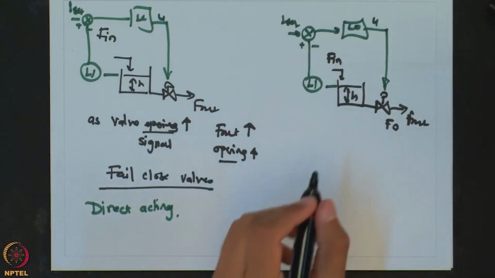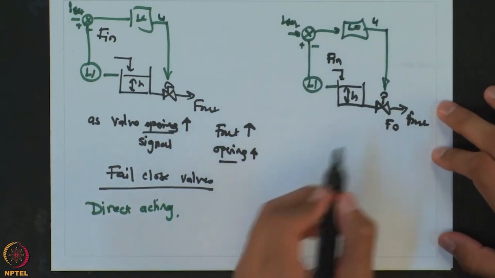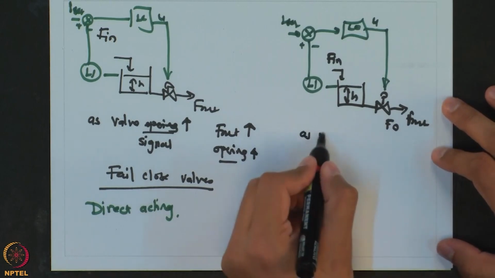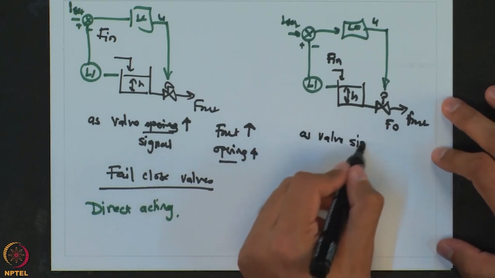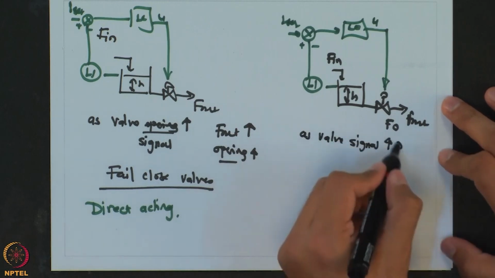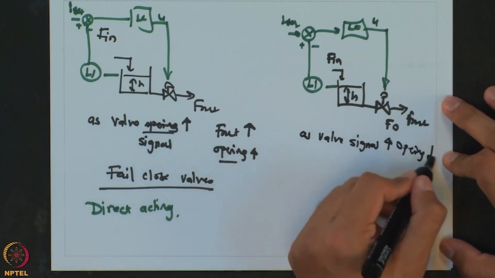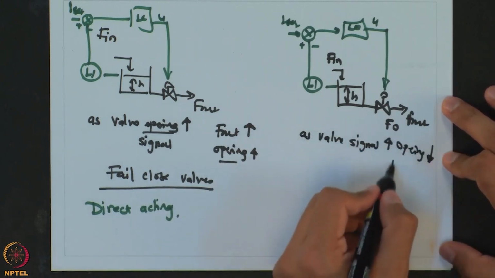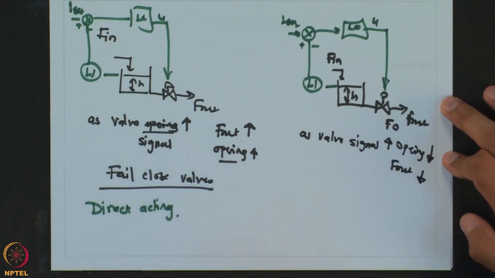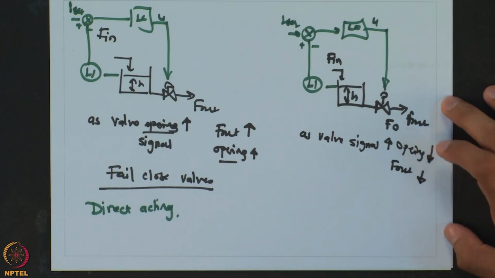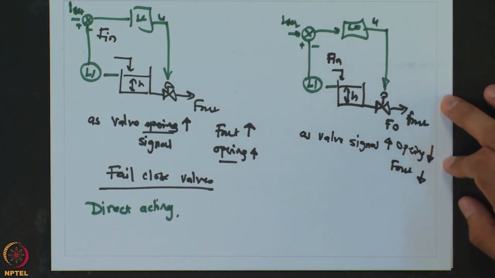But what you now see is, as this is a fail open type of valve, as valve signal increases, the valve opening decreases, or that means F out decreases. That is because when the valve does not have any signal, the valve is completely open, or has 100% opening.